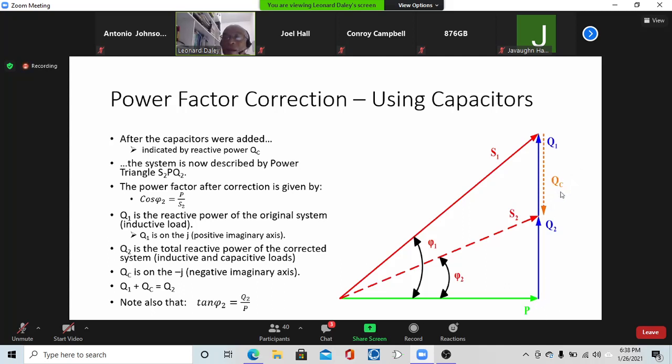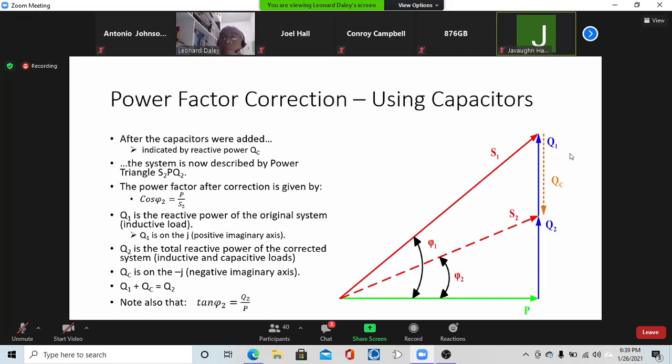QC for the capacitance, and S2 for the capacitance would be below here. So P would be real, QC would be on the minus j axis.